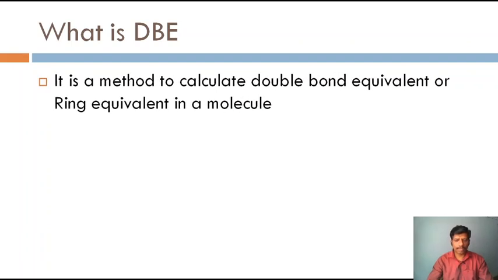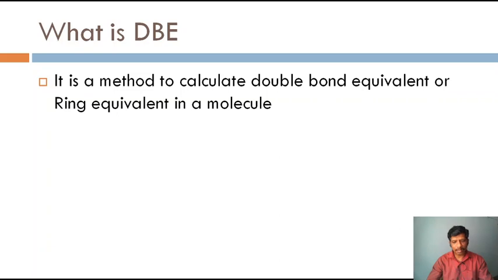The double bond equivalent is the method to calculate the number of double bonds present in the molecule, or the value that we get may also be equal to the number of rings present in the molecule. It is not a straight link to the number of double bonds. That's why it is called double bond equivalent.